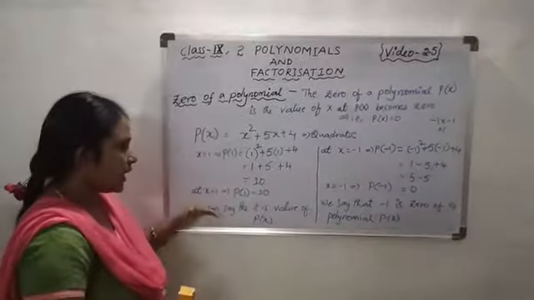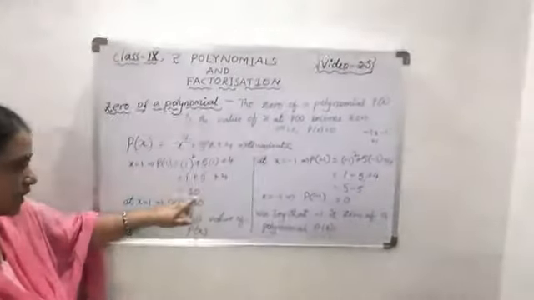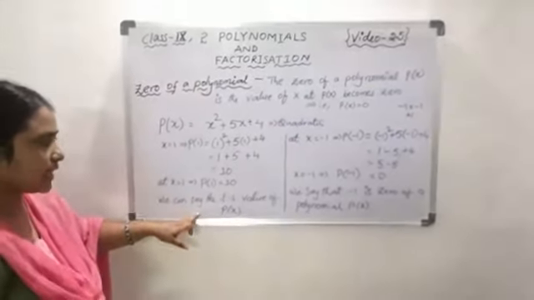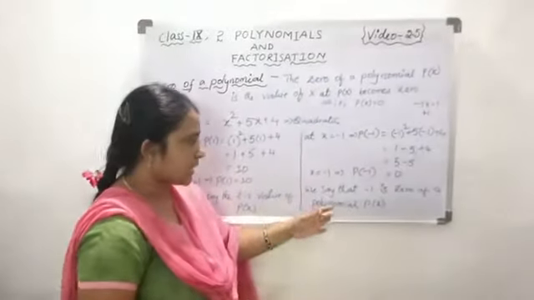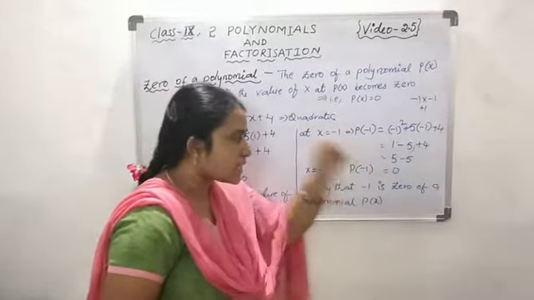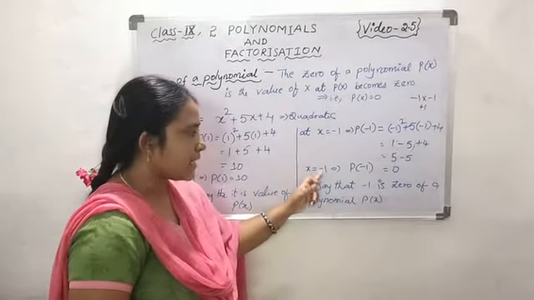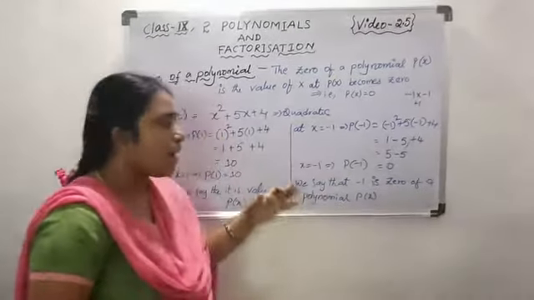Clear? Here we are not getting 0. That's why we can say that x equal to 1 is just a value of p of x. But in this case we get the value 0, so this minus 1 is a zero of a polynomial.